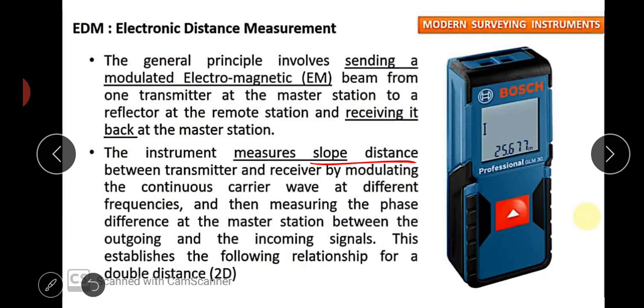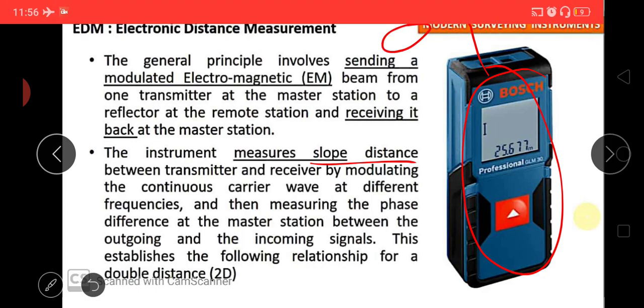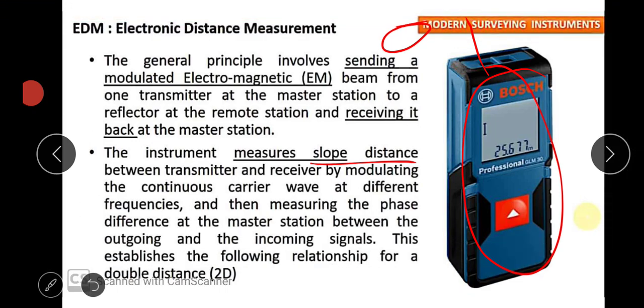This establishes the relationship for a double distance. The EDM device transmits the signal, the reflector reflects back the energy waves, and this helps in calculating the distance between the two stations.